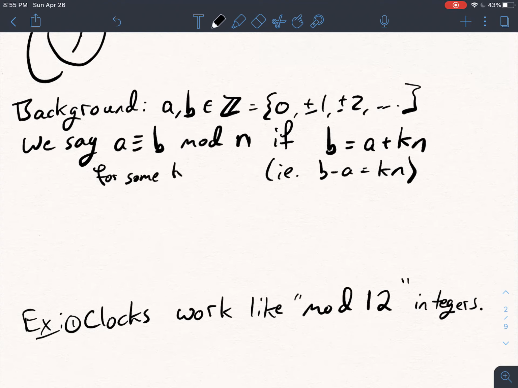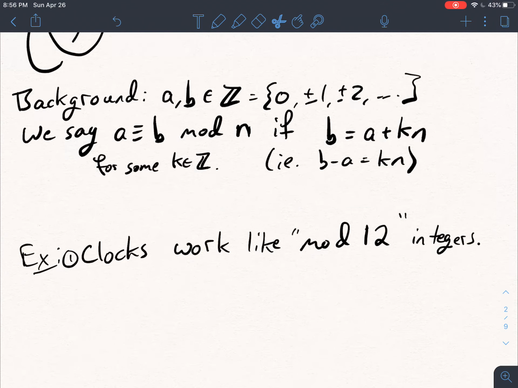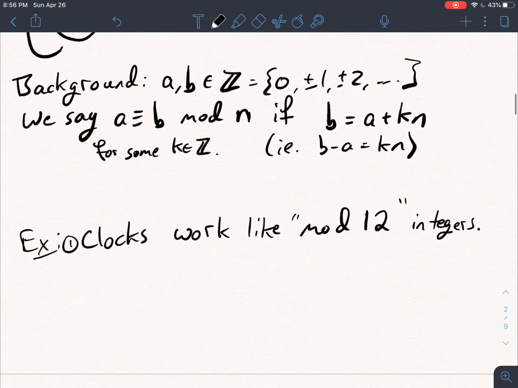In other words, you could think of this as the difference b minus a being a multiple of n, for some integer k. Okay.